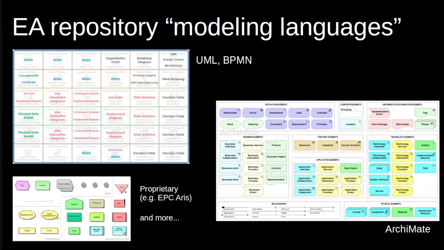Or you could adopt some proprietary modeling language like the bottom left, ARIS, EPC is one example. Or on the right hand side here, Archimate was created by the same group that created TOGAF, and that's another model that adopts the layers. And it breaks out those layers into elements and relations that you would create diagrams for in your repository.